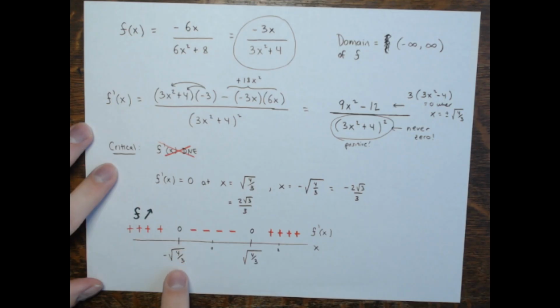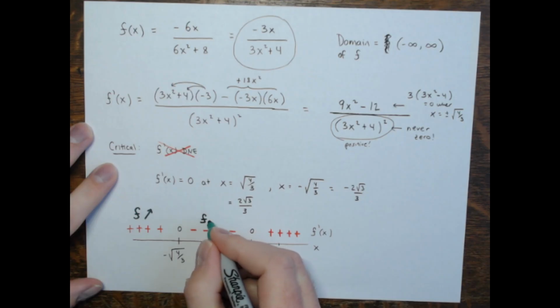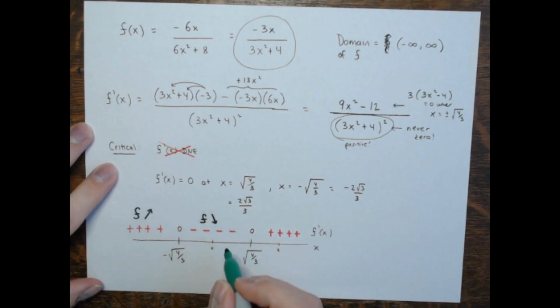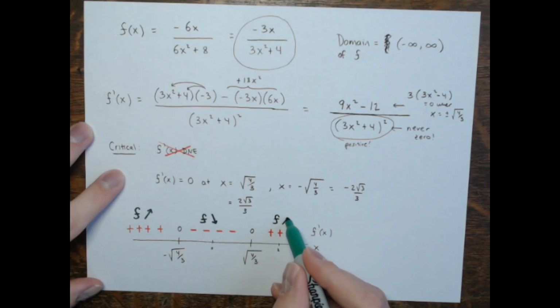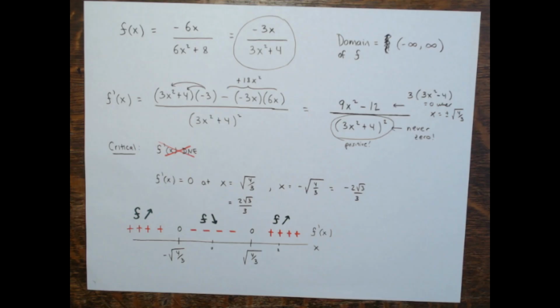Then between negative square root of 4/3 and positive square root of 4/3, the graph of f will be decreasing, going down, because the value of the first derivative is negative. And from the square root of 4/3 onward, the graph of f will be increasing, going up.